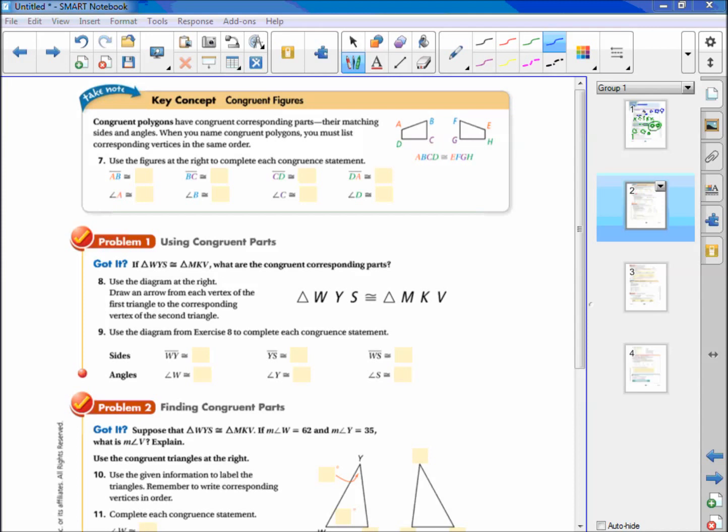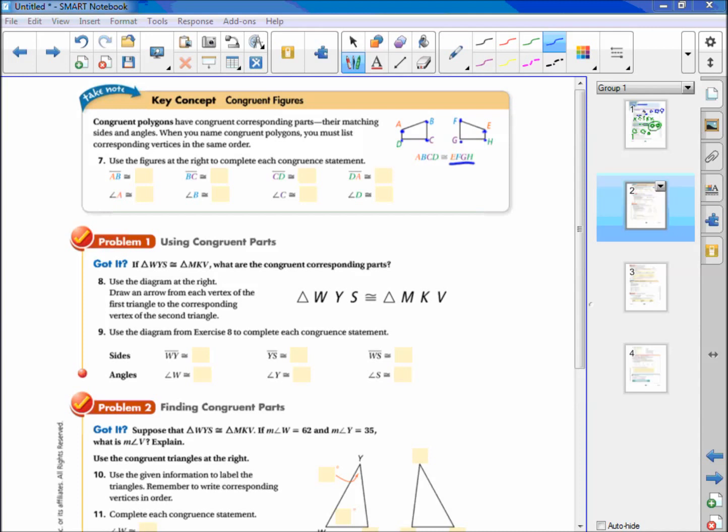So for instance here, A is the top of the short side, and then it goes to the top of the long side, and then the bottom of the long side, and then the bottom of the short side. And when we name it over here as a congruent figure, we start the same way. So the top of the short side, top of the long side, bottom of the long side, bottom of the short side. And we need to name them that way so that people could draw the figures themselves and see how they go, who corresponds with who.